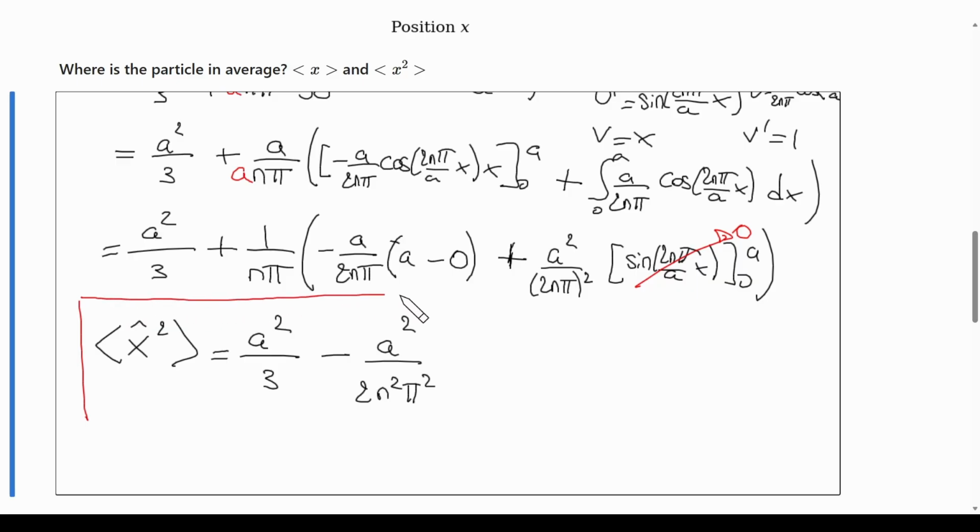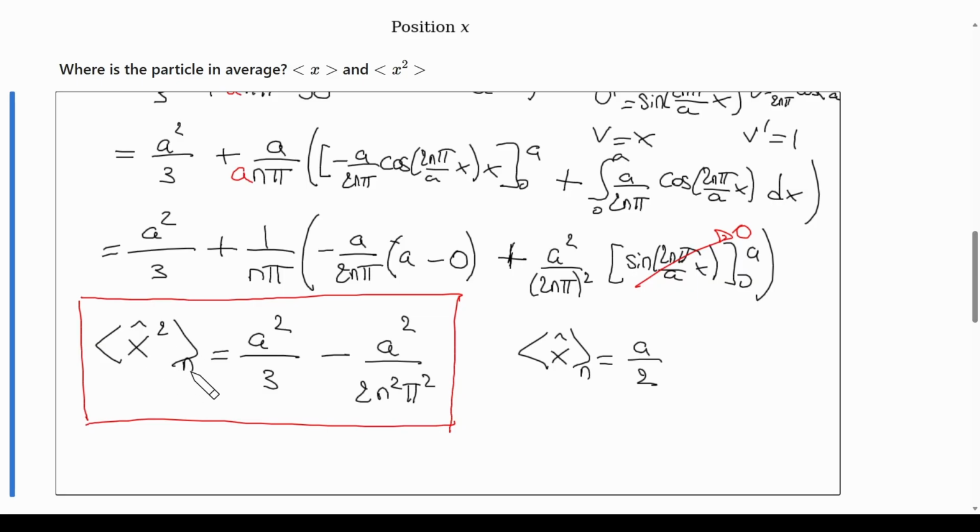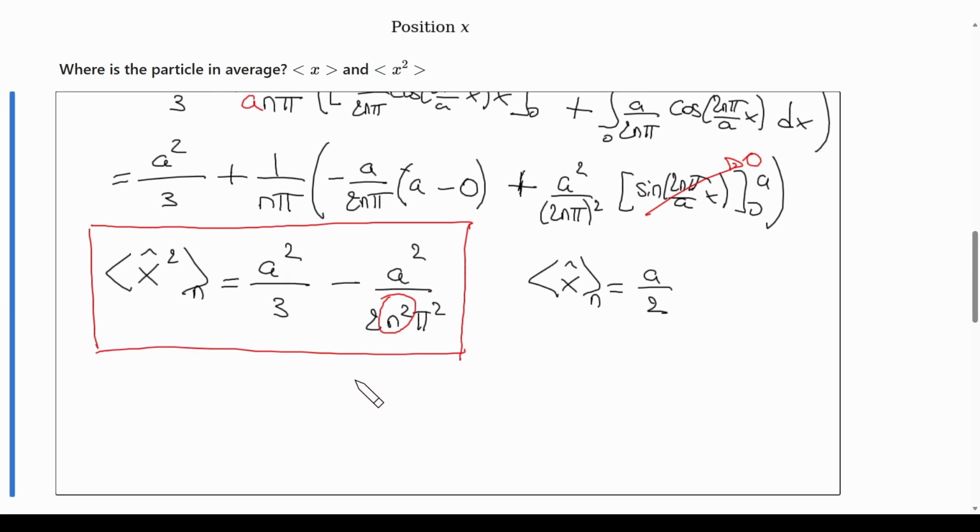So even though the average position does not depend on n when we are computing the average for the eigenfunction n, the spread does actually depend on n. And the larger n gets, so when n goes to infinity, we have x squared that will go to a squared over 3.